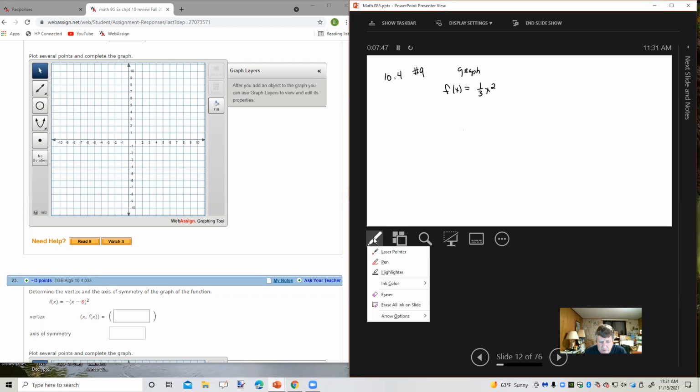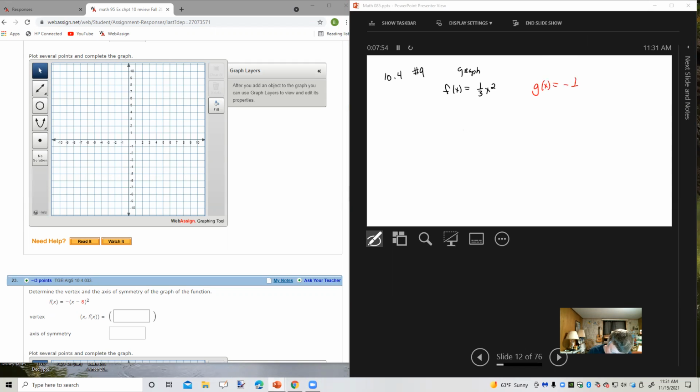And let's switch colors here. g of x equals negative 1/3 x squared. We're going to graph both of those on the same graph. So let's take a look at the first one, f of x equals 1/3 x squared. Where would the vertex be?